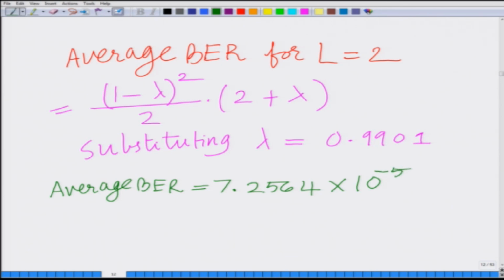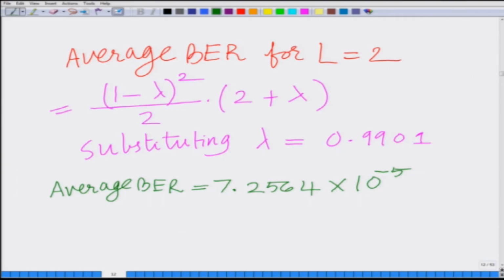So, what we obtain is that the average bit error rate at 20 dB in this wireless communication system with L equal to 2 antennas is 7.25 into 10 to the power of minus 5.